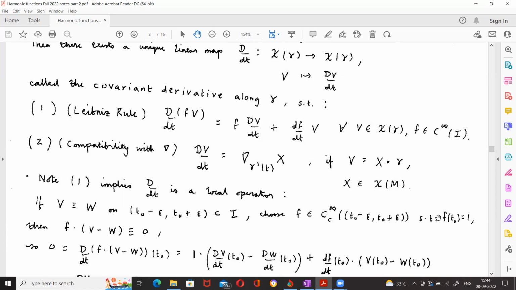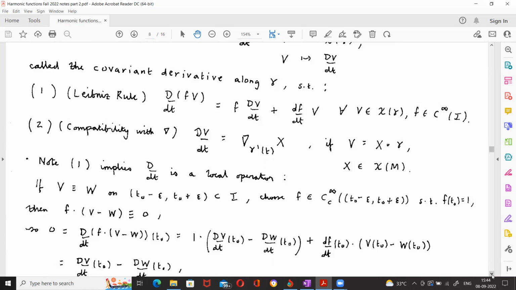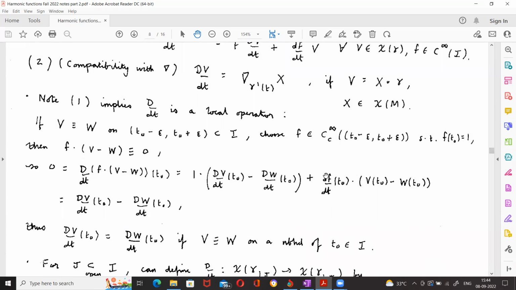We choose f so that f(t naught) is 1, like we were doing earlier. And then you get plus df/dt at t naught times (V(t naught) minus W(t naught)). This second term vanishes because V is equal to W on a neighborhood of t naught.